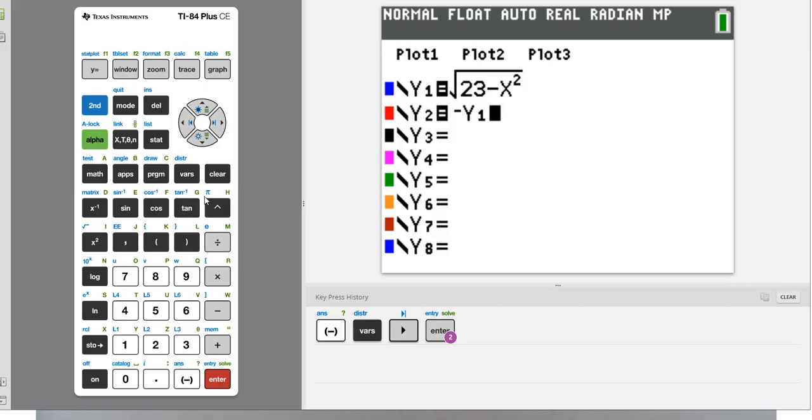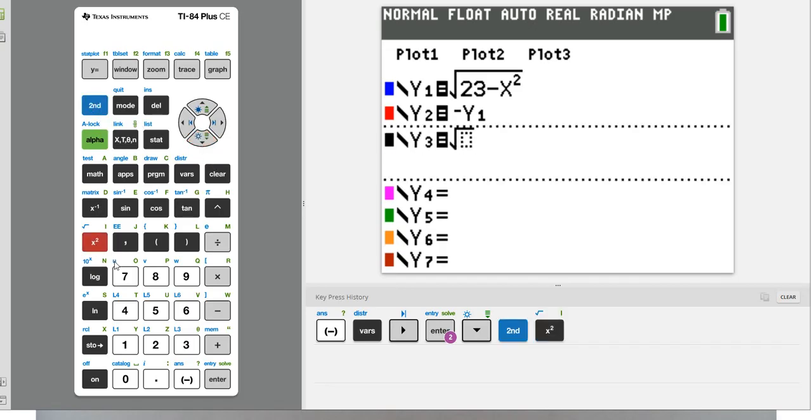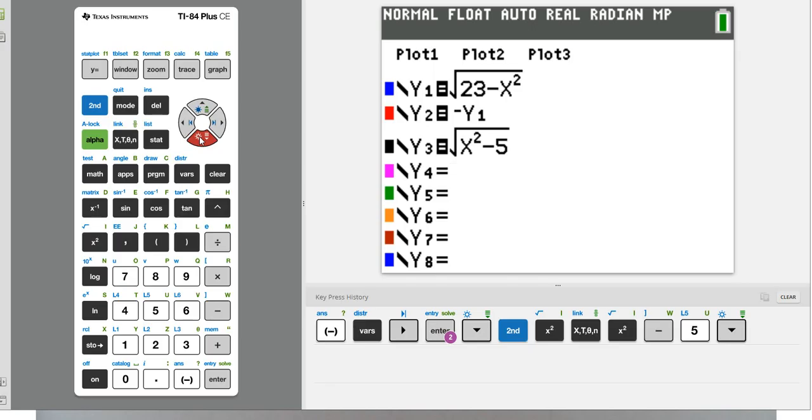Let's go down and put the next one in. So the next one was the square root of x squared minus 5. And this time I want to put in the opposite of what? I want to put in the opposite of y3.